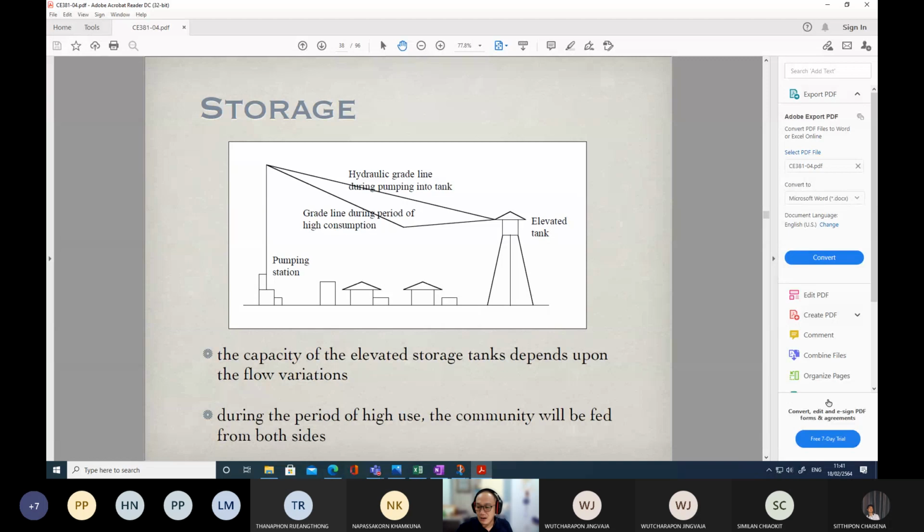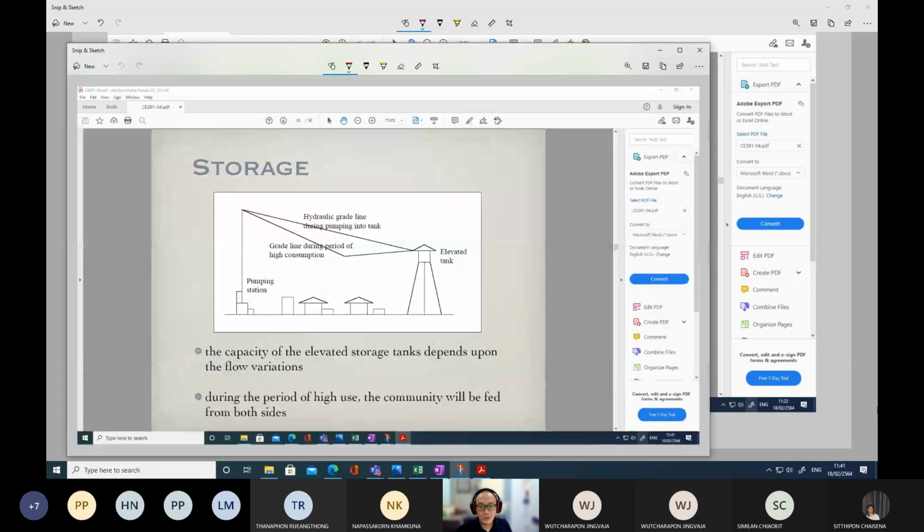Here we can say that the flow entering the elevated tanks can be constant, as it comes directly from the water treatment plant. The pumps bring this water into the elevated tanks, and then the elevated tanks supply the water to the community. So the outgoing flows may vary depending on the demand.